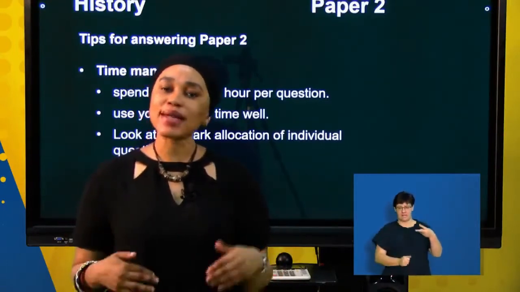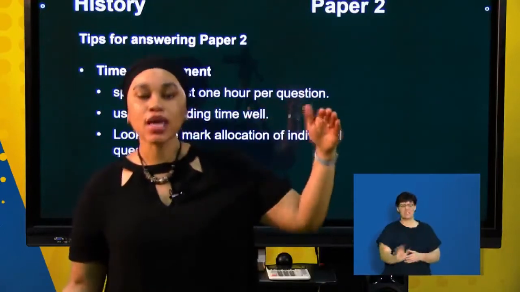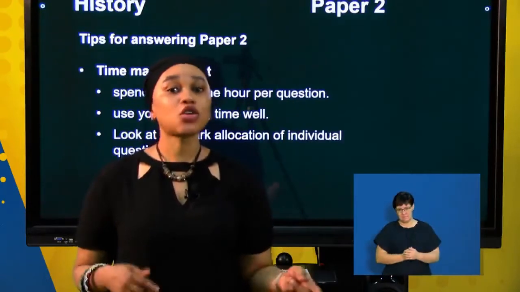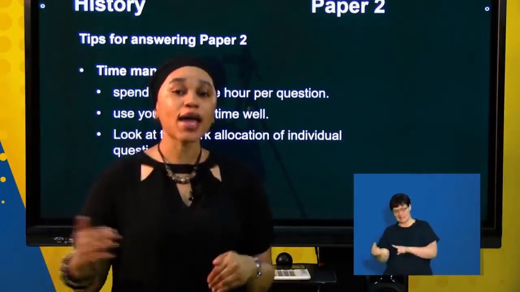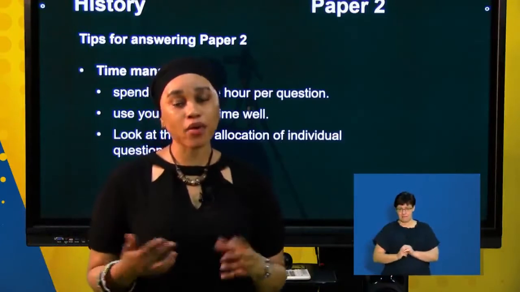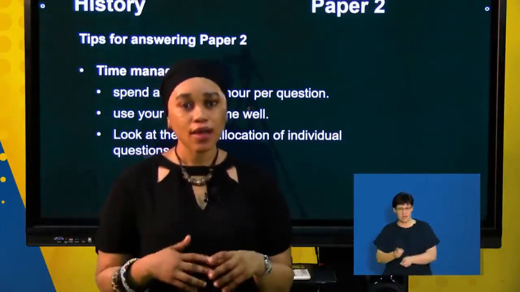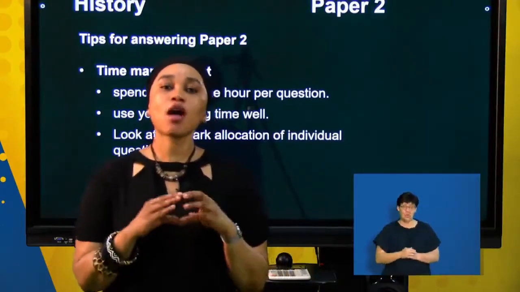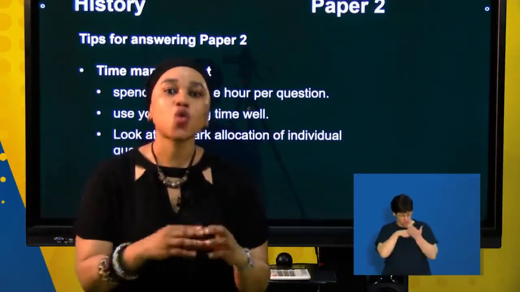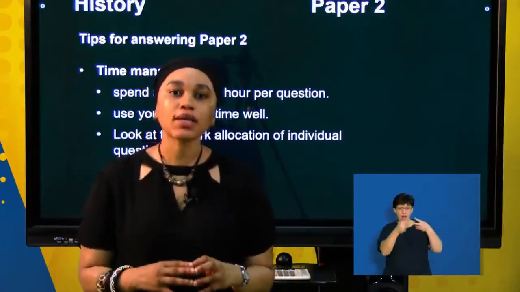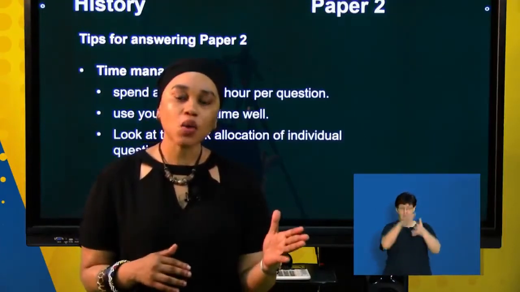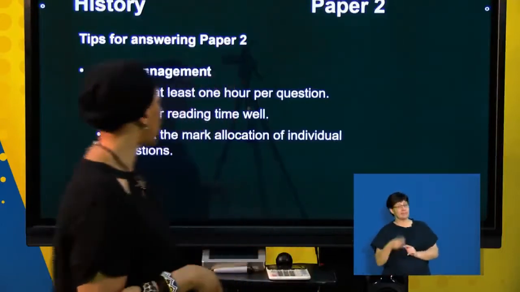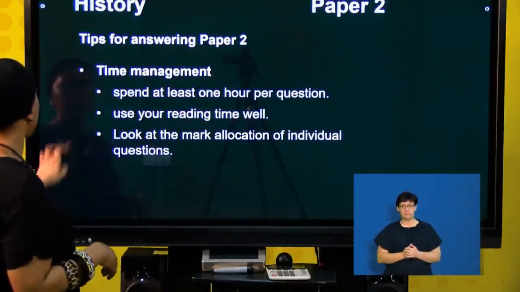So don't end up writing a paragraph or an essay for 2 marks. That means you are wasting time that could be better used for longer essays or longer questions, like paragraph questions. As you will see later on, there are paragraphs in this paper. So please make sure that you only answer what you're required to answer. Don't write more than what is required. Look at the instructions in the question and then look at the mark allocation. That is very important. Okay, let's carry on.